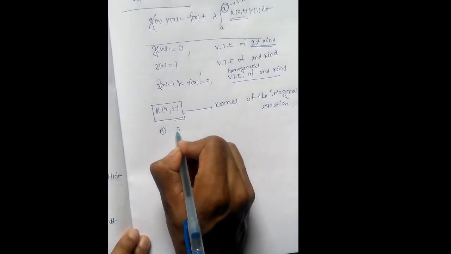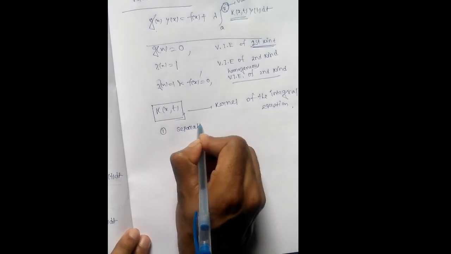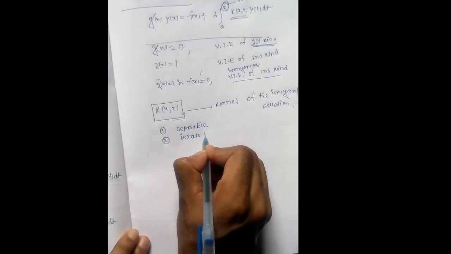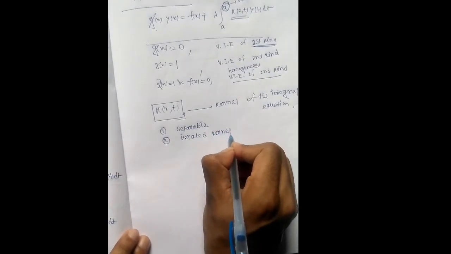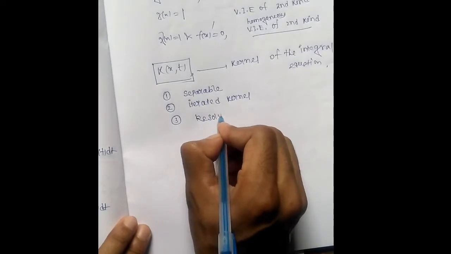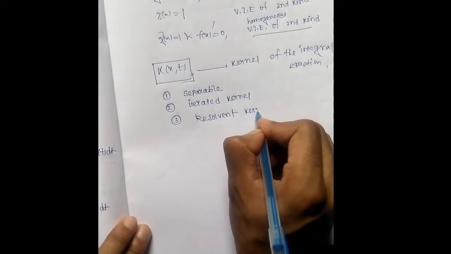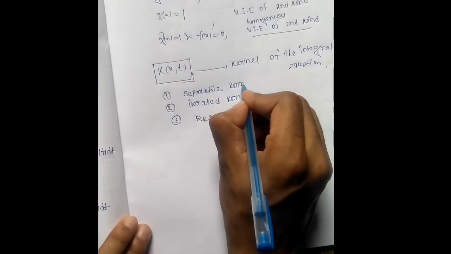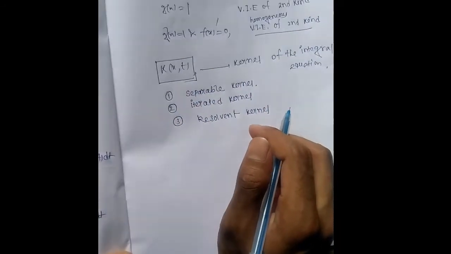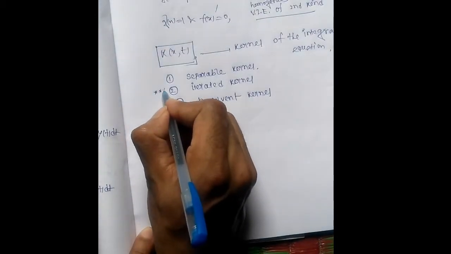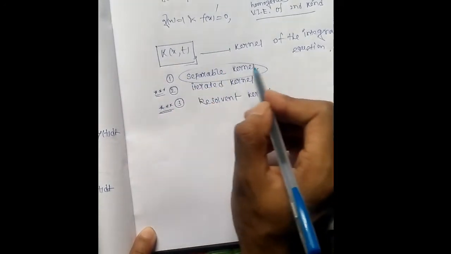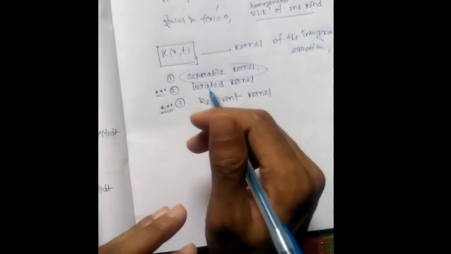We only discuss separable kernel, second, iterated kernel, and resolvent kernel. We only discuss these kernels, and this is important for eigenvalues and eigenfunctions. We talk about this later.